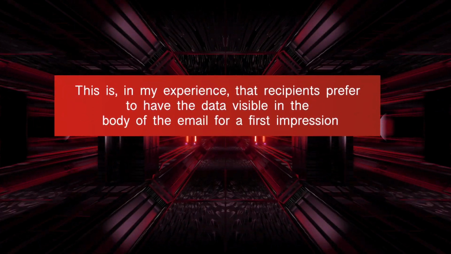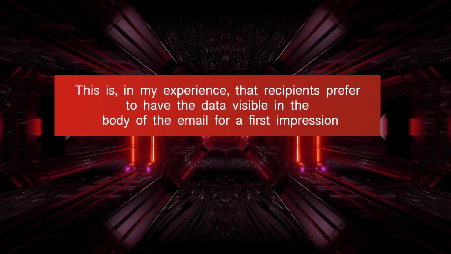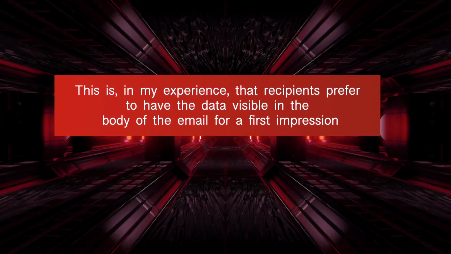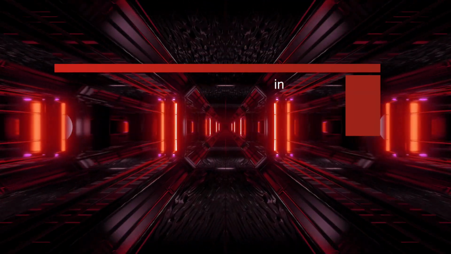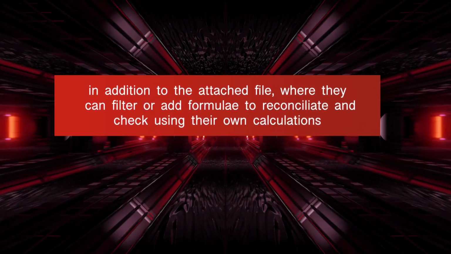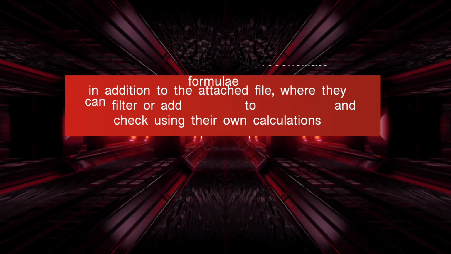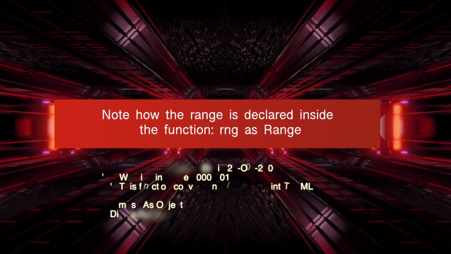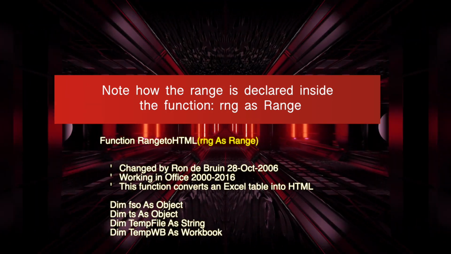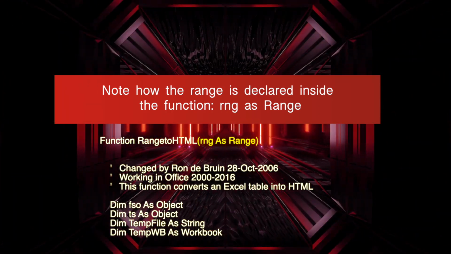In my experience, recipients prefer to have the data visible in the body of the email for a first impression, in addition to the attached file where they can filter or add formulae to reconcile and check using their own calculations. Note how the range is declared inside the function, rng as Range.